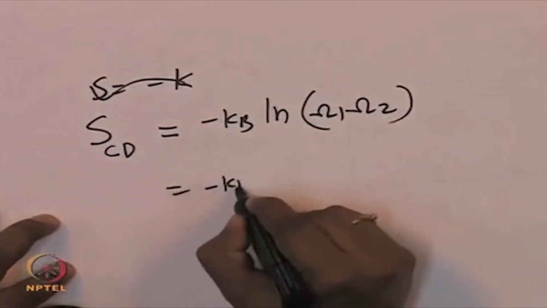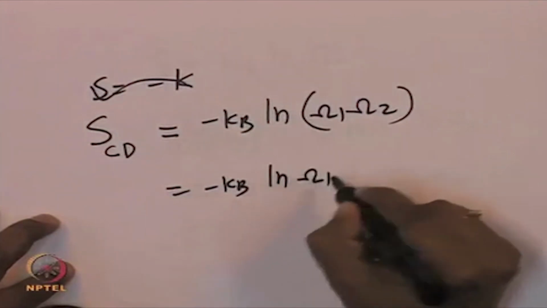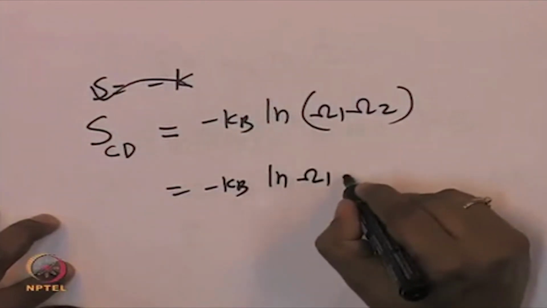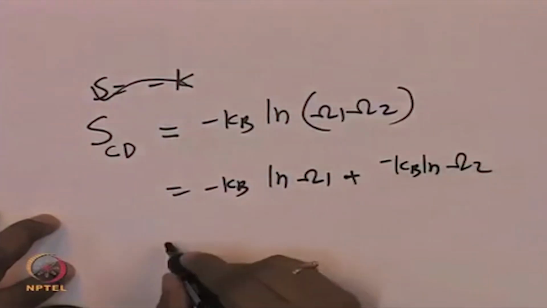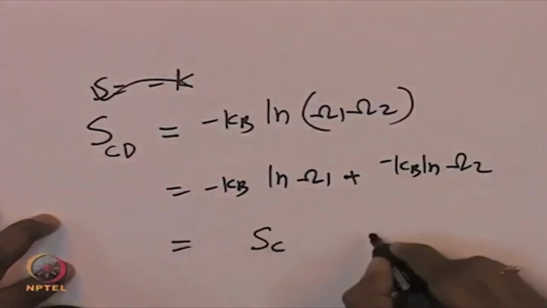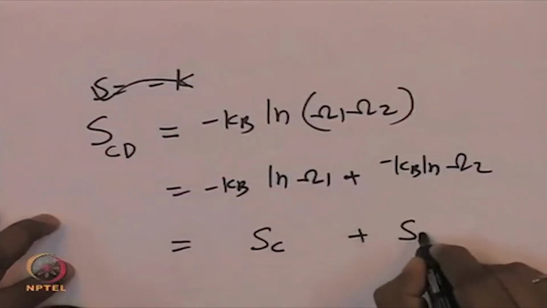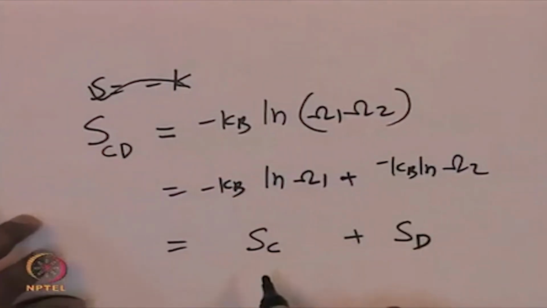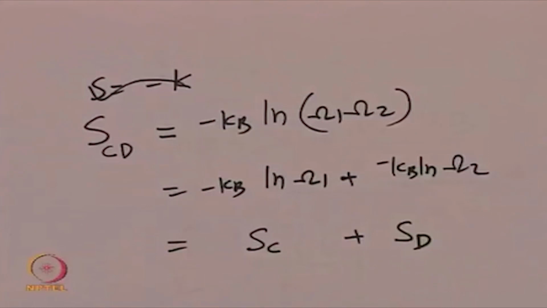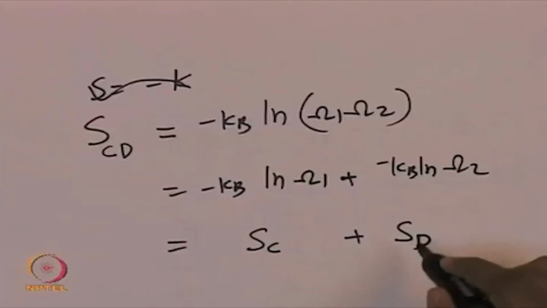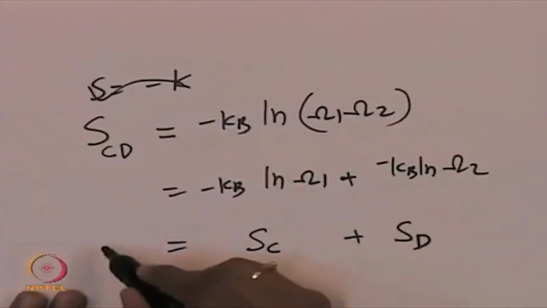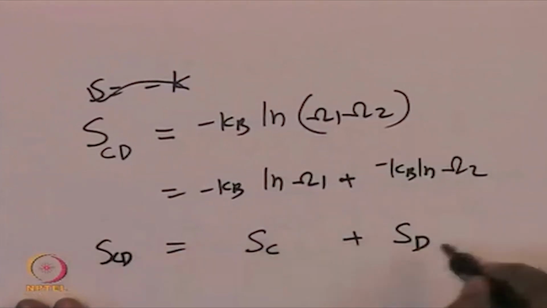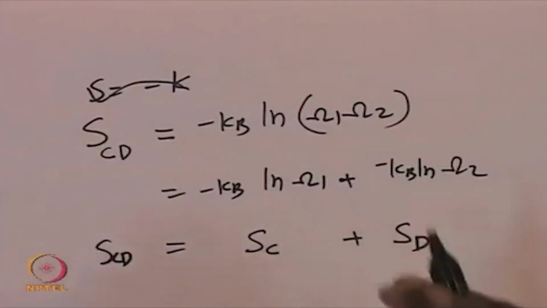So, this is k_B log omega 1 plus k_B log omega 2. This is basically the entropy of the coin plus the entropy of the die. Throwing a die will have some particular entropy, and the sum of these two will give you the combined entropy.